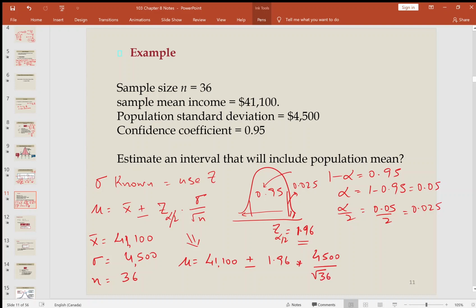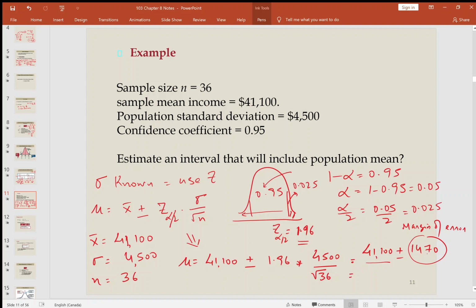If you solve this, you would get 41,100 plus minus 1470. So this is the sample average and this is your margin of error.